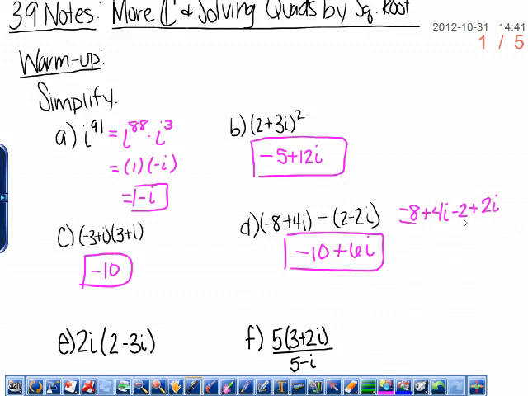So negative 8 plus negative 2 is negative 10, and 4i plus 2i is 6i. So you don't distribute the negative and then distribute it again? No, because this is not a multiplication problem. This is a subtraction problem. Okay?